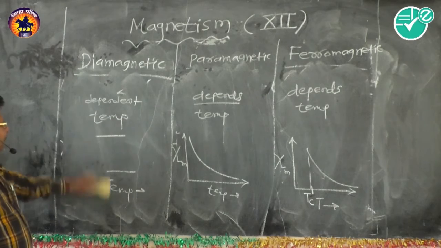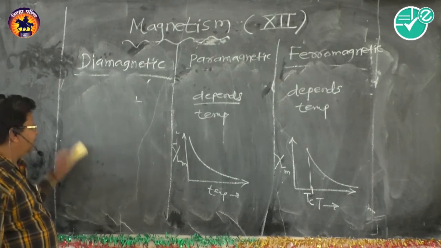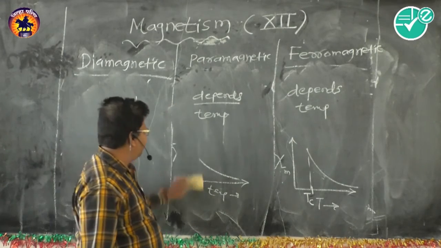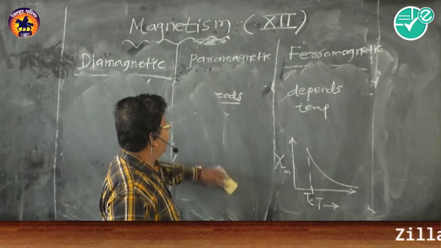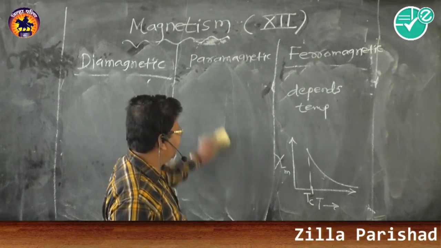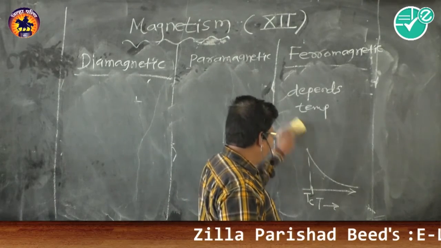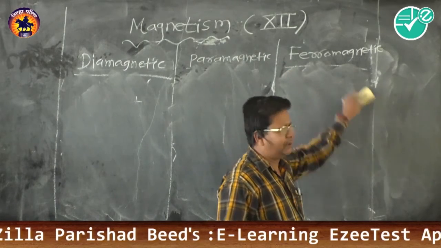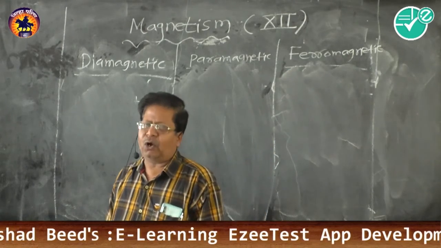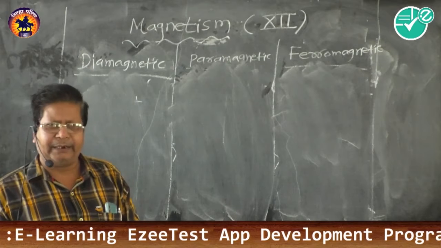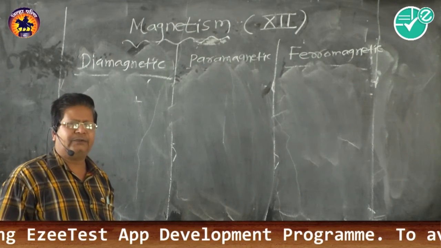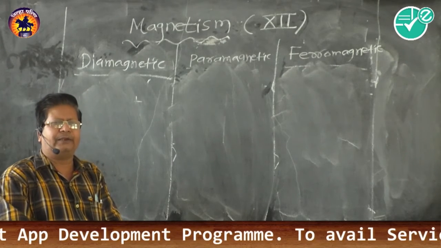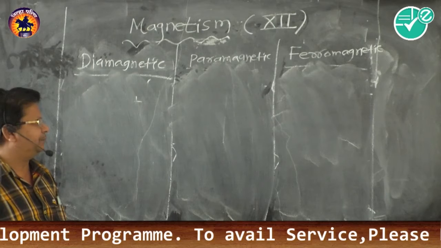The next property of diamagnetic substance is that diamagnetic substances cannot be used to prepare permanent magnets. Similarly, paramagnetic substances are not used to prepare permanent magnets, but ferromagnetic substances are used to prepare permanent magnets.